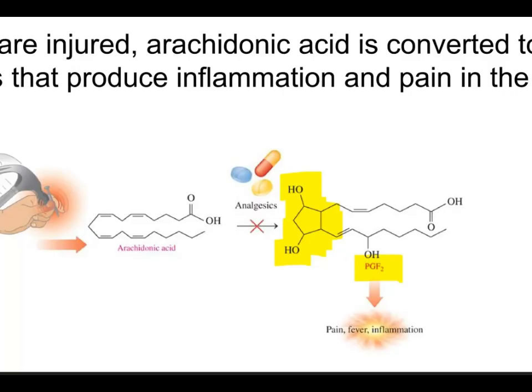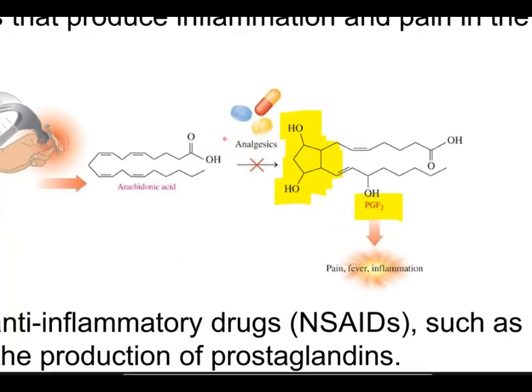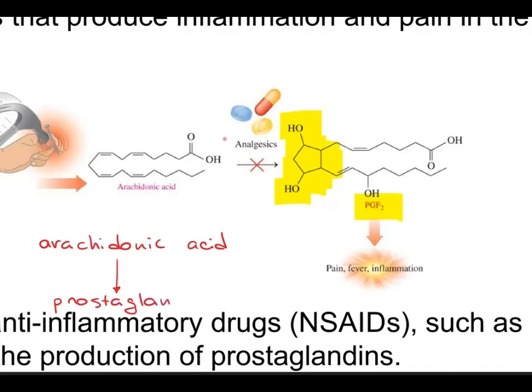There is an enzyme, well, actually several enzymes, called cyclooxygenases that facilitates the conversion of arachidonic acid into prostaglandins.